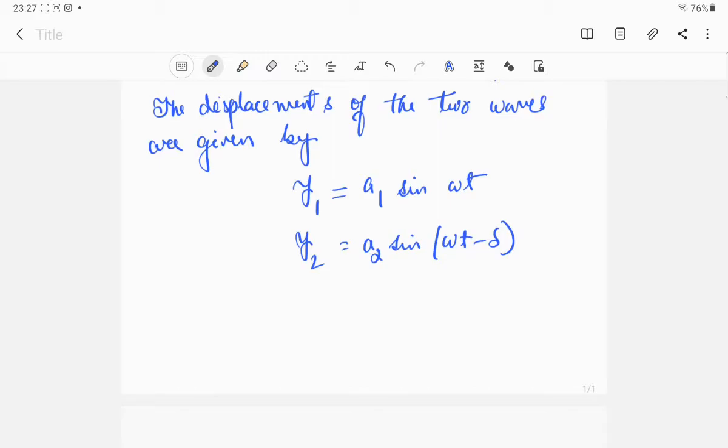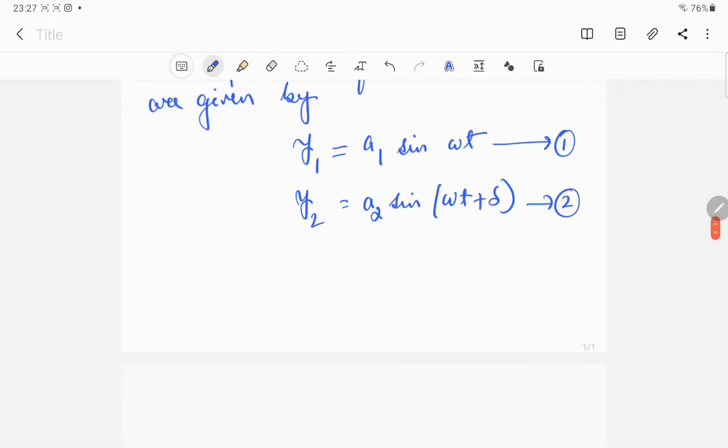You can consider it as minus or plus, it's not a problem. We just want to say that delta is a phase difference, so it can be either minus or plus. Let it be equation number 1 and equation number 2.